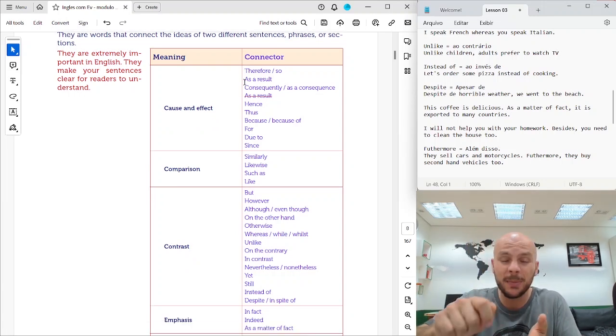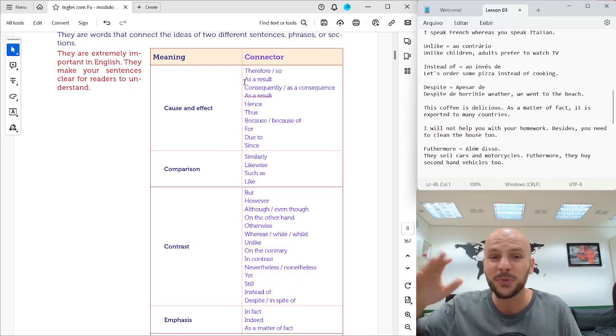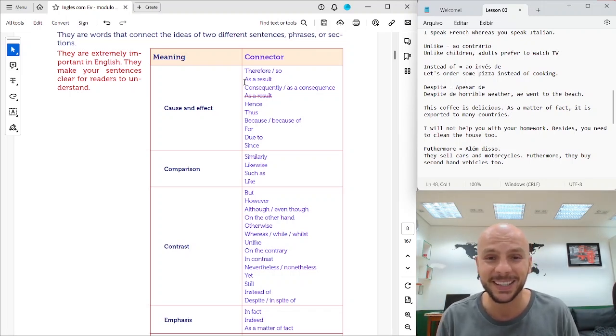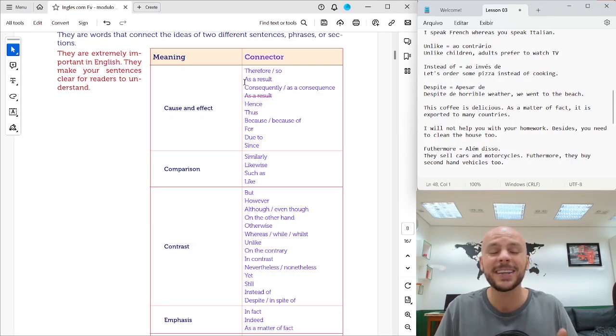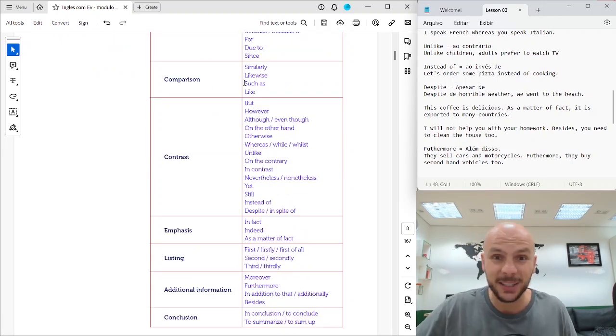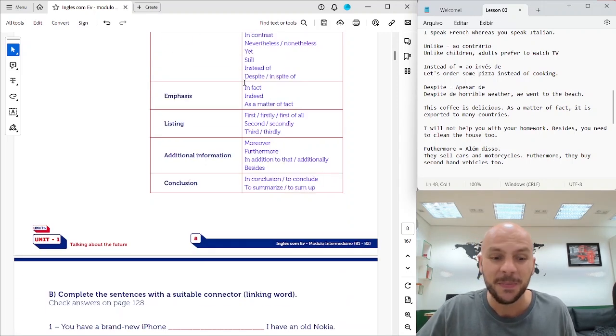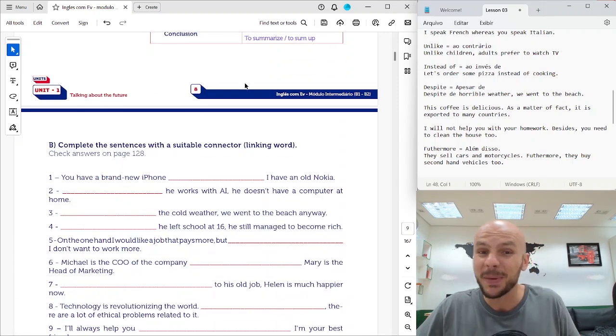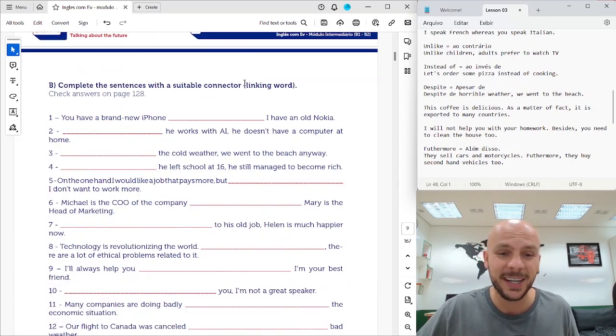You can write them on post-its, and put them in your house, in the fridge, in your bedroom, everywhere. Okay, so you are constantly in touch with the connectors. And once you have translated all of the words here, you are going to try to implement them in this exercise here, letter B.